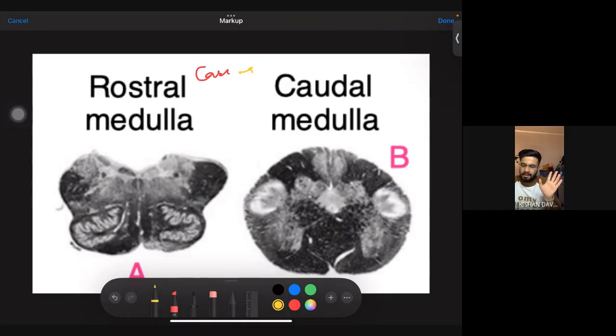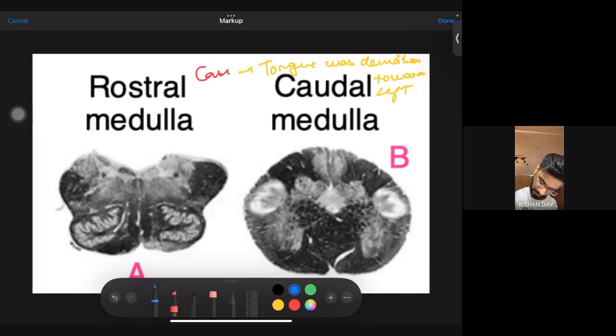सब symptoms हो गए. Now, I am asking you. On examining the patient, his tongue was deviated towards left. Okay, tongue was deviated towards left. Now, my question to you.